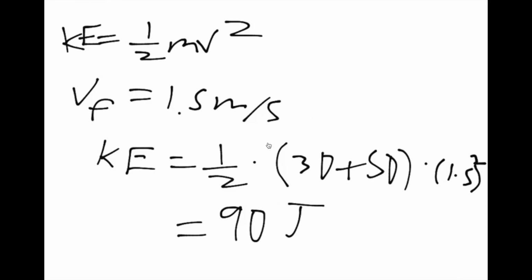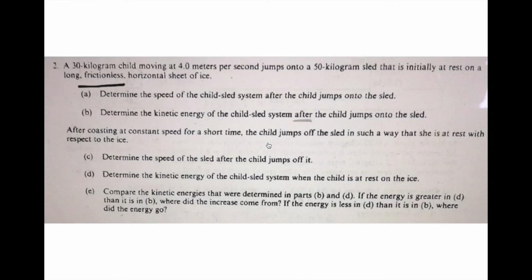And so this leads us to, I believe, the final part of the problem. For part E, they want us to compare the kinetic energies that were determined in part B and part D, and then they want us to see whether or not there was a change in kinetic energy and determine where that change came from, if there was a change.